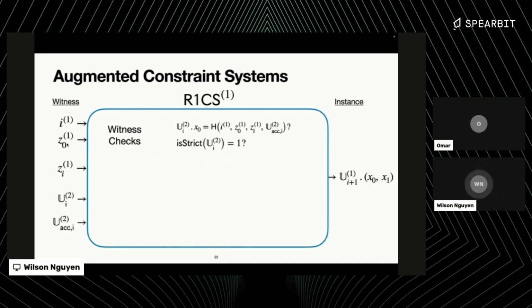So the first set of constraints, as I was saying, are the input constraints. And so we check if this instance's x0 hash contains all the elements in the witness. So notice how every other element in the witness for this constraint system is contained within this x0 hash. Furthermore, we just check if this is actually a strict instance.